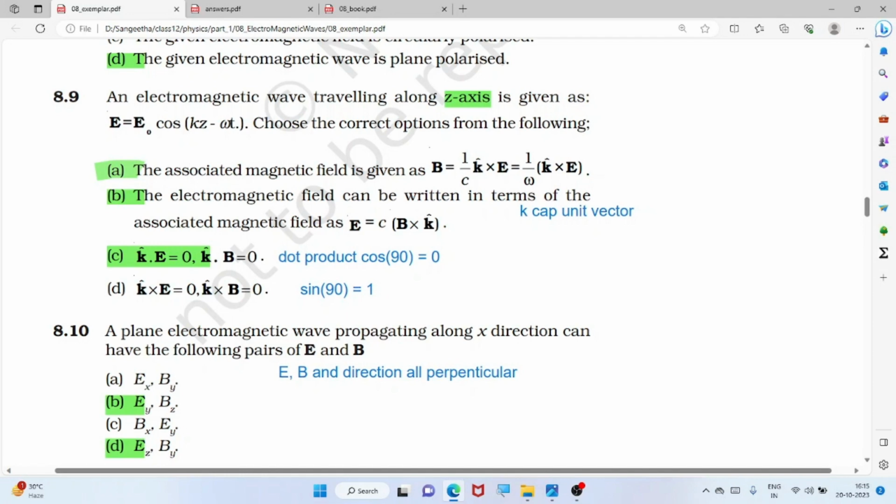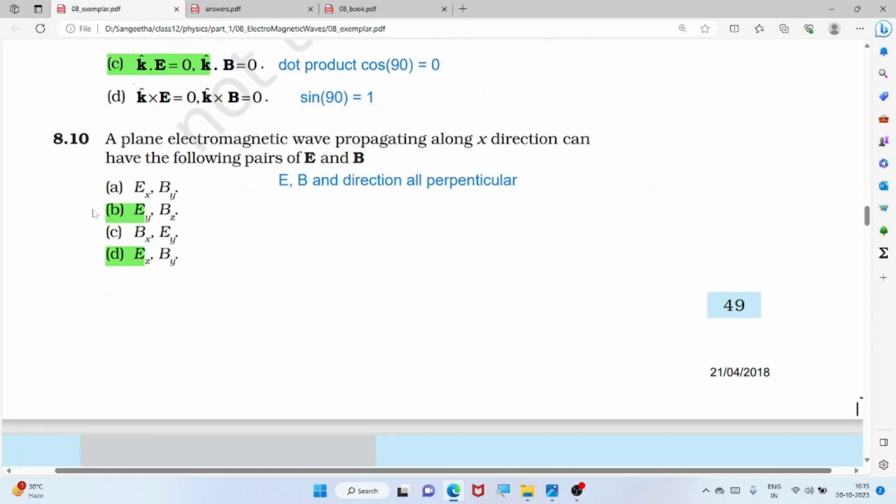And the dot product will be k e cos theta, theta 90 degree means it will be 0. Then the cross product is not 0, that is why this is not correct. Okay, all these three options are correct. This can't be 0, this is 1 actually, so these three options are correct.